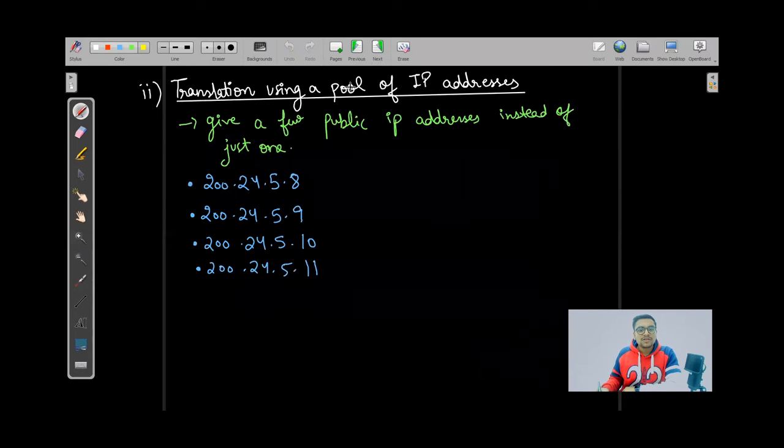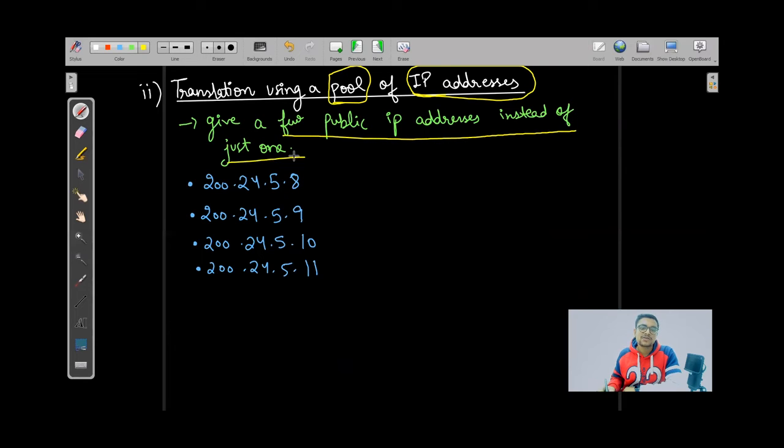Now moving on, the enhancement is that instead of having just one single IP address, we assign a bunch of global IP addresses to our NAT router. In that case, we'll have a few unique IP addresses instead of just one.